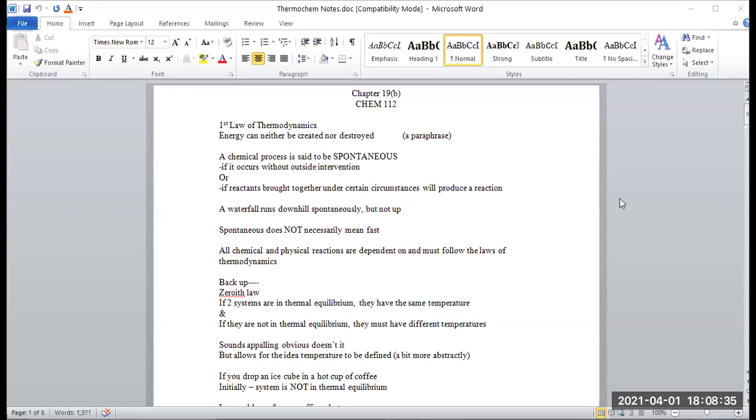So if you had two beakers, one with an acid and one with a base, and you poured the two of them together, you're going to get an acid-base neutralization reaction to some degree. It may not be a complete reaction. You may have a certain amount of equilibrium involved, but you're going to get a certain amount of neutralization just because it happens. It is a spontaneous reaction.